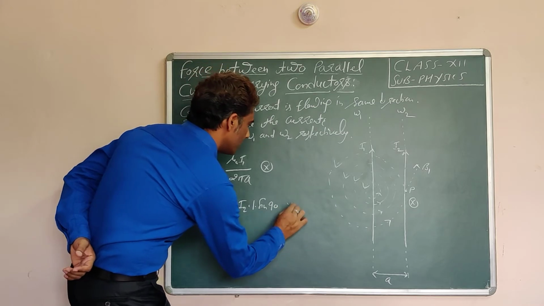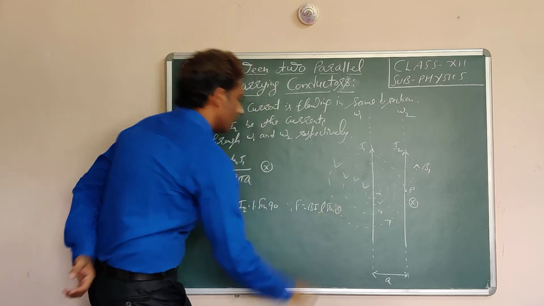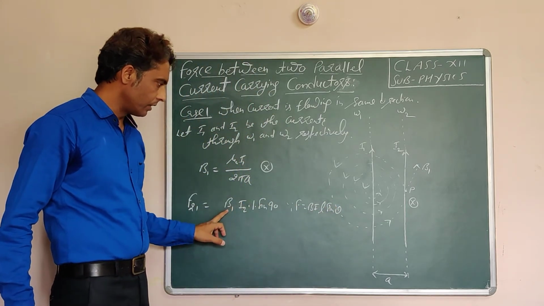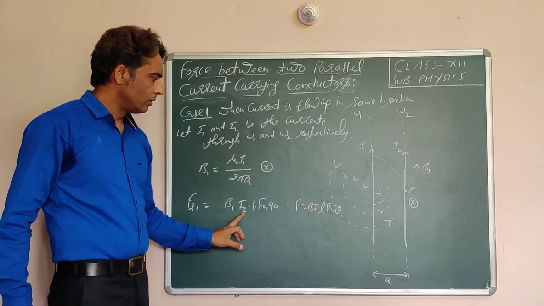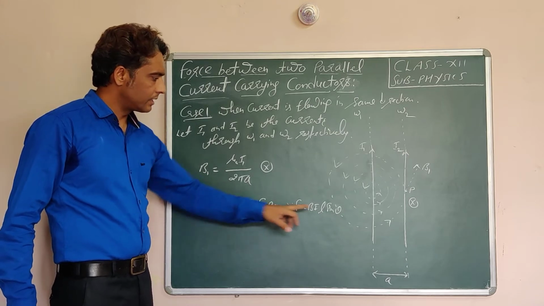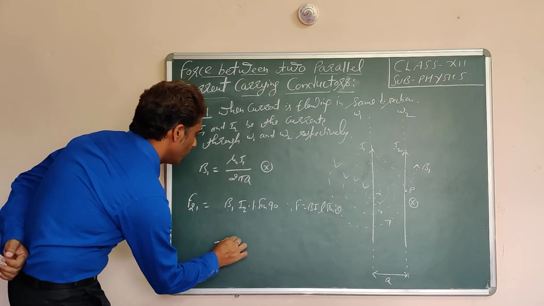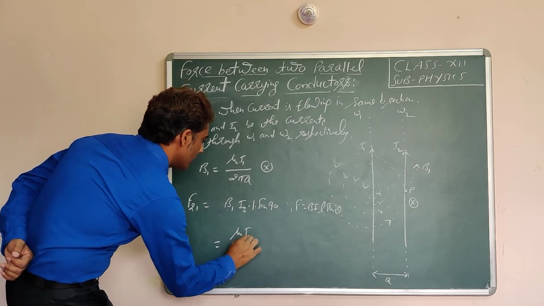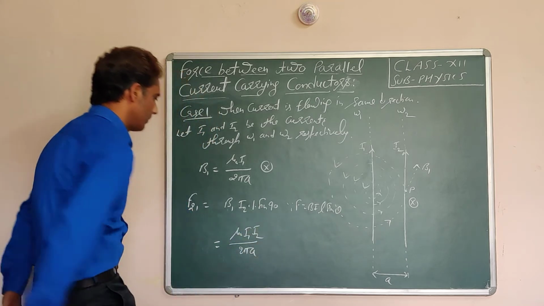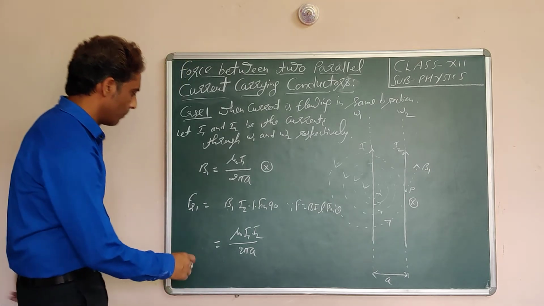So here because F is equal to BIL sine theta. So in this case, in place of magnetic field, this is B1, in place of current I2, length of conductor, I assume unit length, and this angle is 90 degree. So this is equal to mu naught I1 over 2 pi a into I2. So we can write this in vector form.